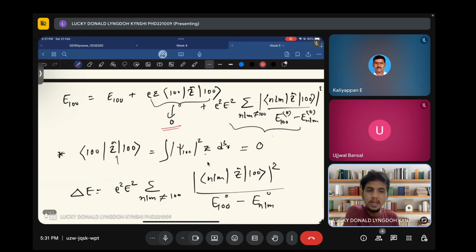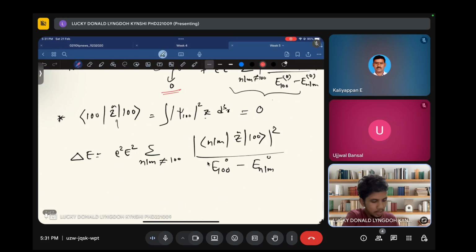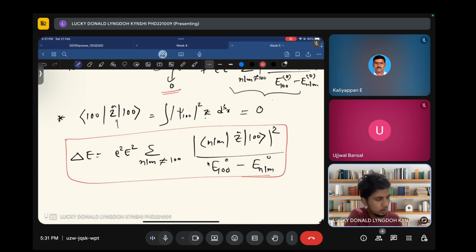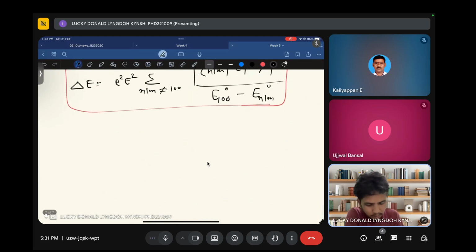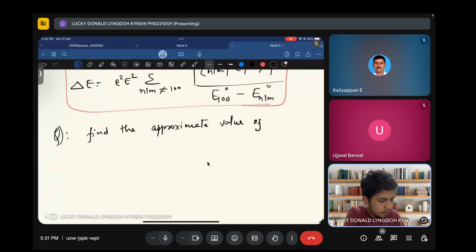That means for a hydrogen atom there is no first order correction, but instead you will have only the second order correction term, which is given by this term. Now the question also asks you to find the approximate value of the polarizability alpha for the hydrogen atom.